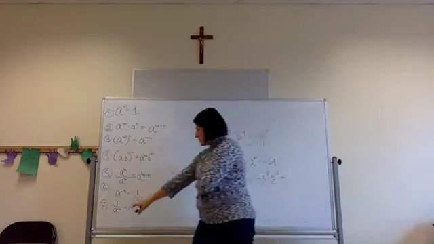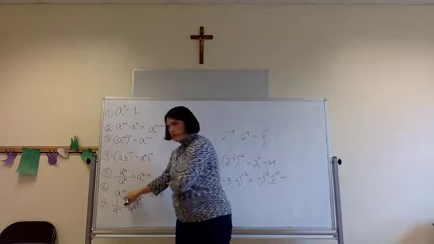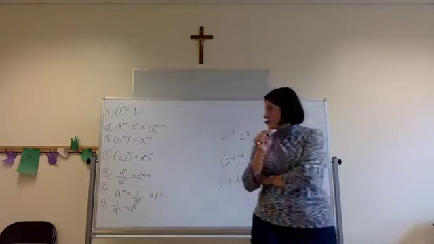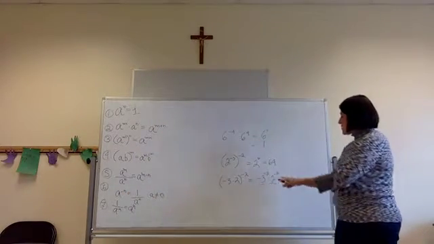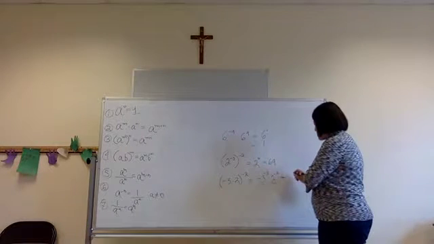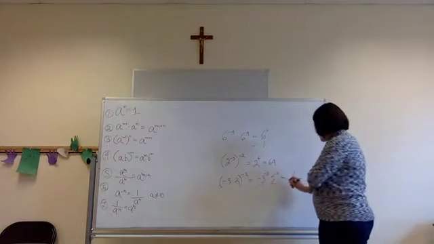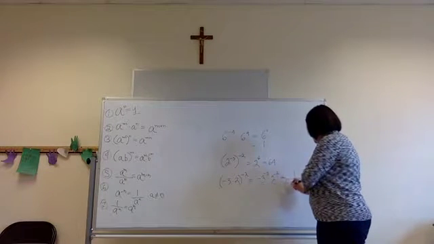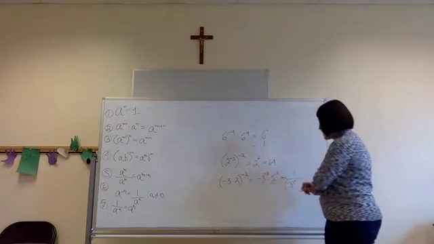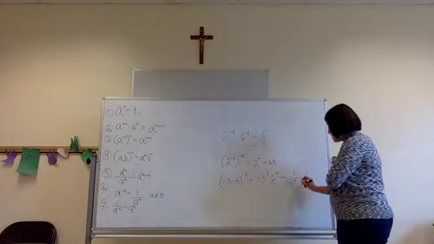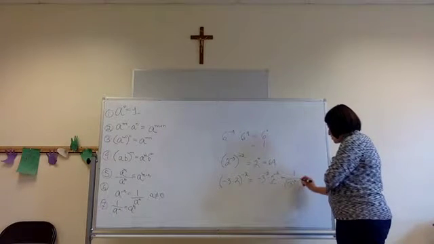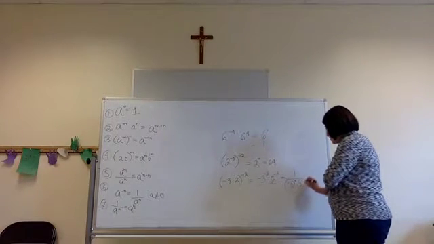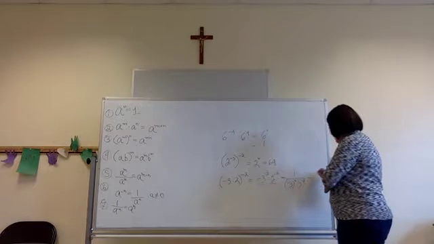So -3 to the -2 is the same thing as what? 1 over -3 squared, and that's 1 over 2 squared.